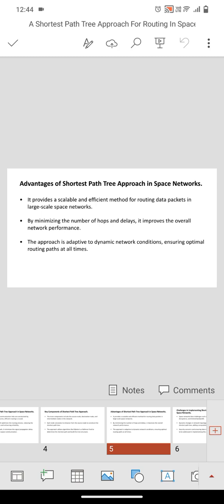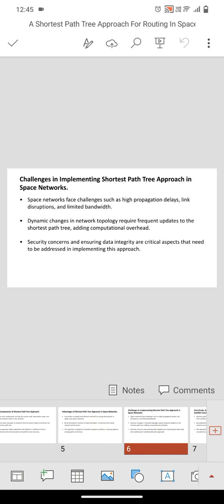By minimizing the number of hops and delays, it improves the overall network performance. The approach is adaptive to dynamic network conditions, ensuring optimal routing paths at all times. These are the advantages of the shortest path tree in space networks.